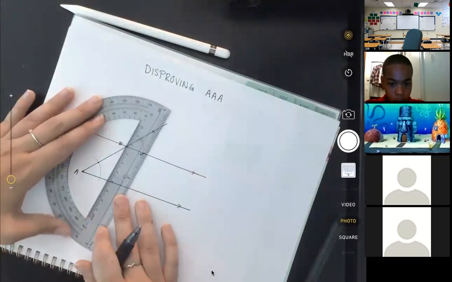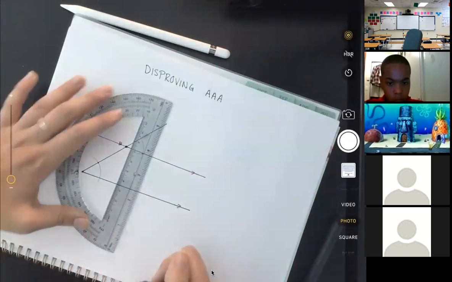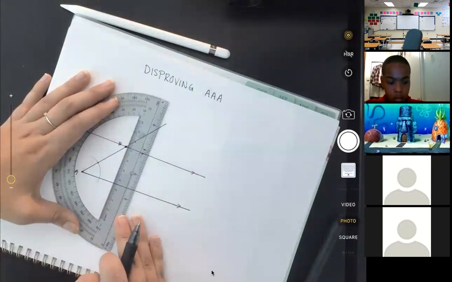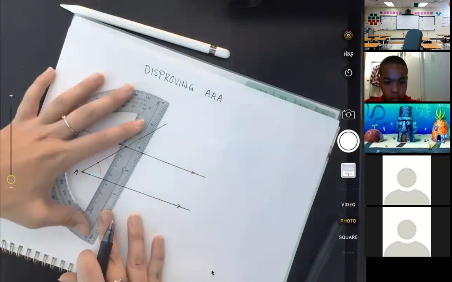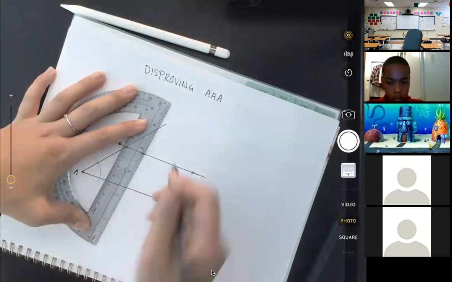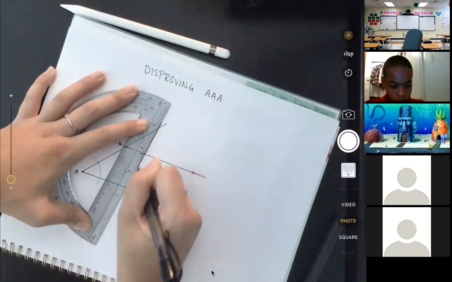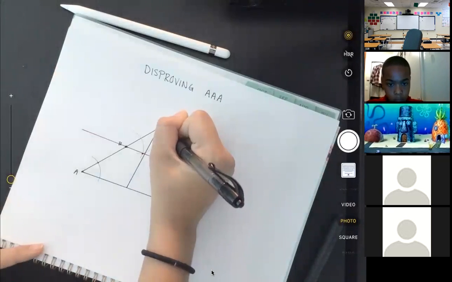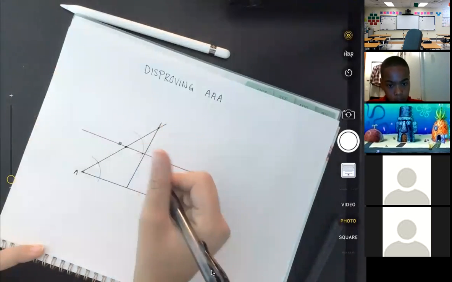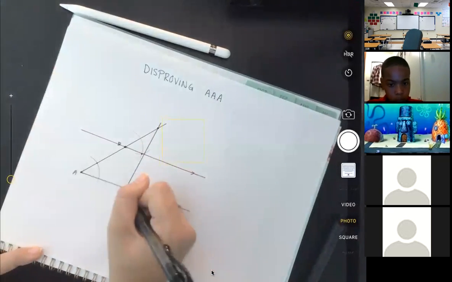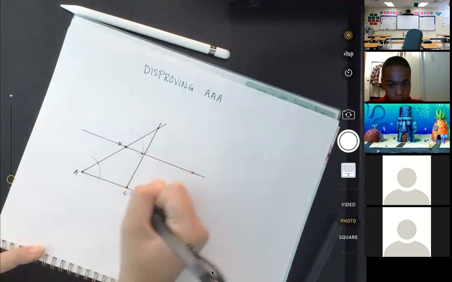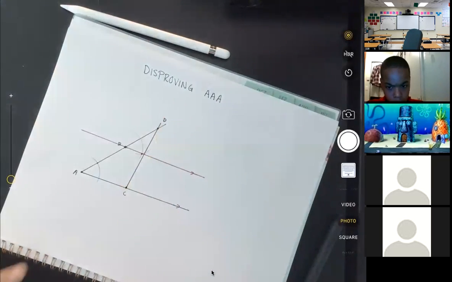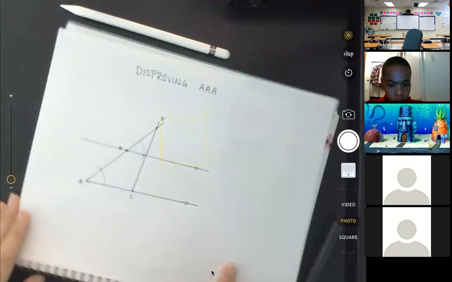Okay. I'm going to draw one more side that's going to cross anywhere, but it has to cross both lines. So let's do it right here. Let's call this one C and this one D. Okay, so I've done a couple of things here, but basically I have two triangles.